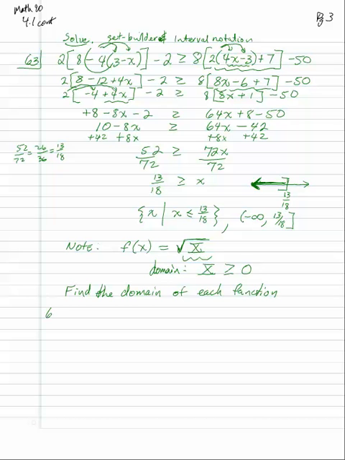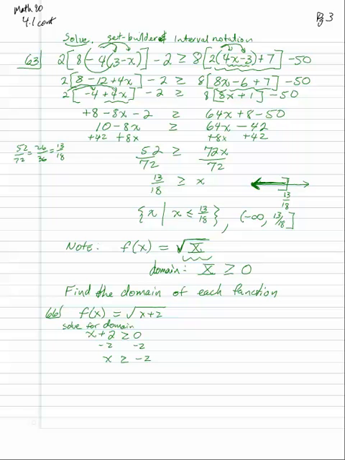So if I look at number 66, f of x is equal to the square root of x plus 2. For square root functions to be defined, the radicand, the number inside, has to be greater than or equal to 0, and you just solve that. So you just take the radicand, the number under the square root, write greater than or equal to 0, and solve it, and that's your domain.